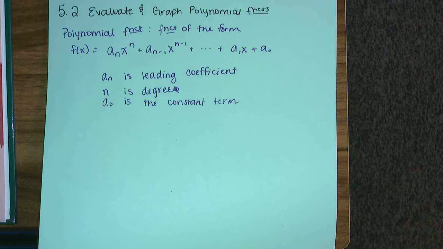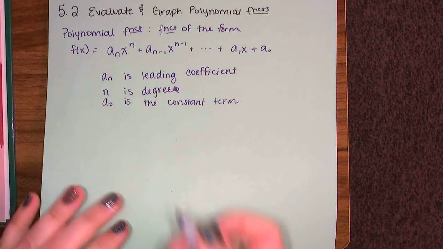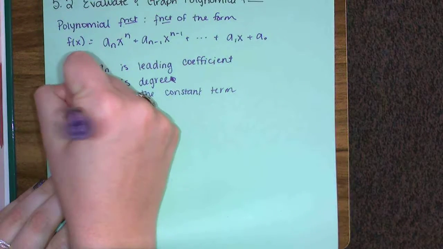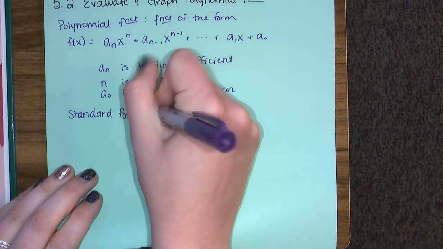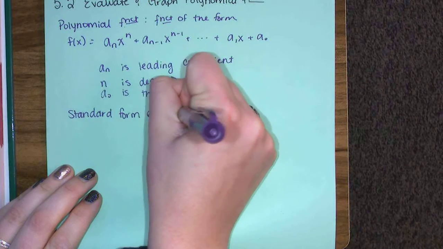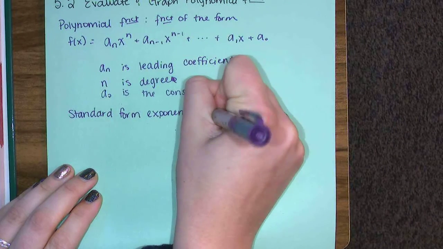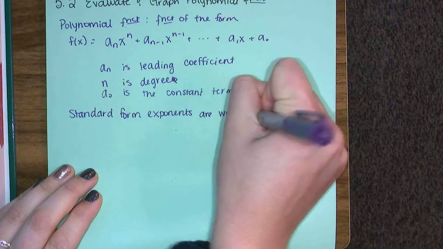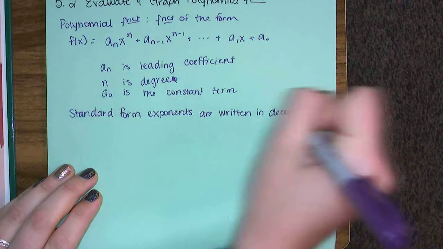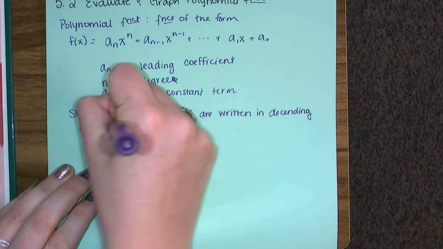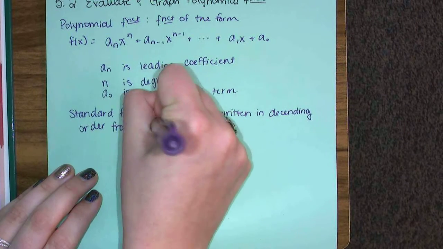Okay, we are going to always want to write it in standard form. If not, a lot of times it will trick you and you'll end up doing a problem wrong. So, standard form: exponents are written in descending order from left to right.